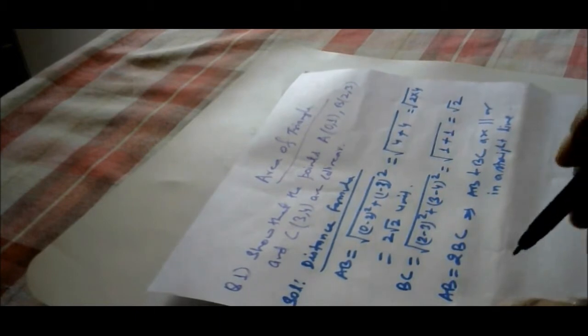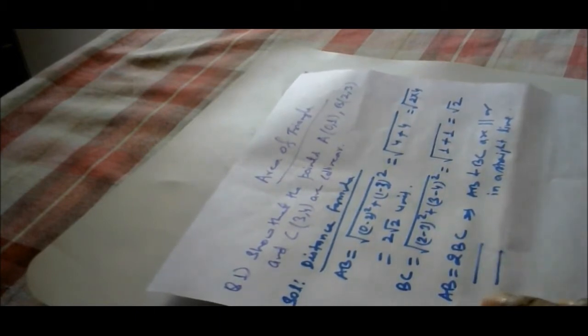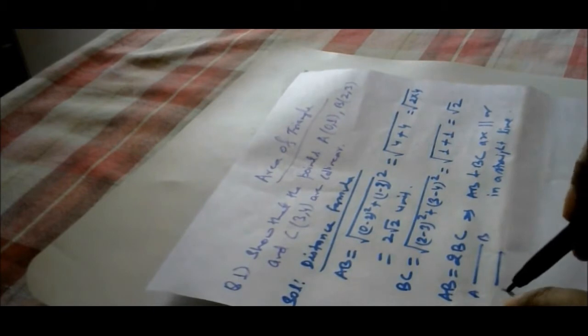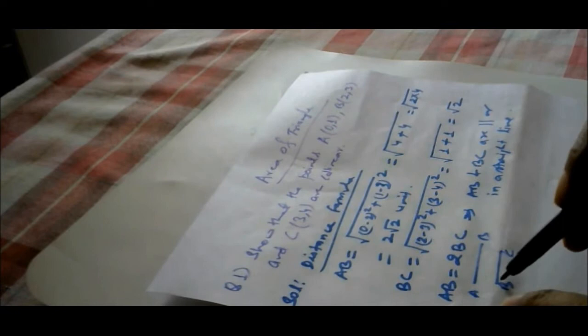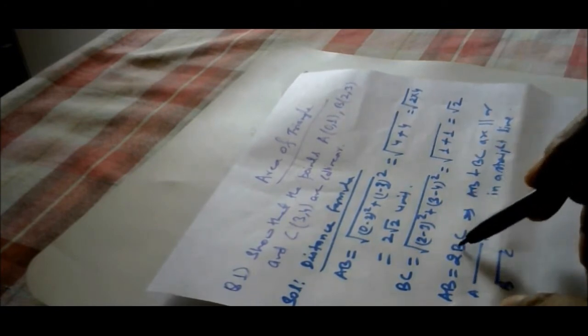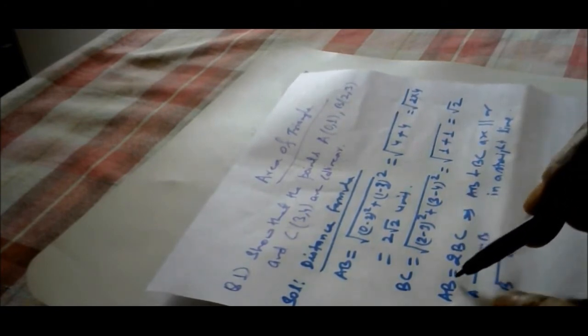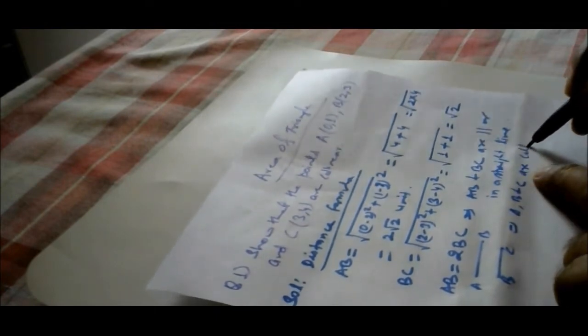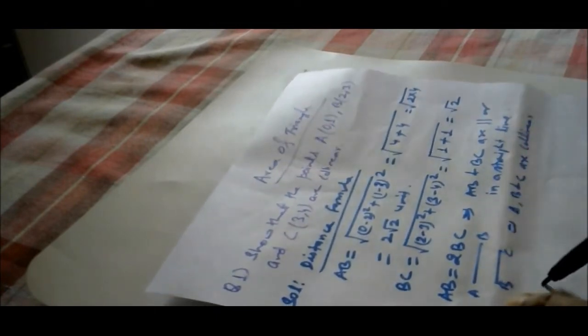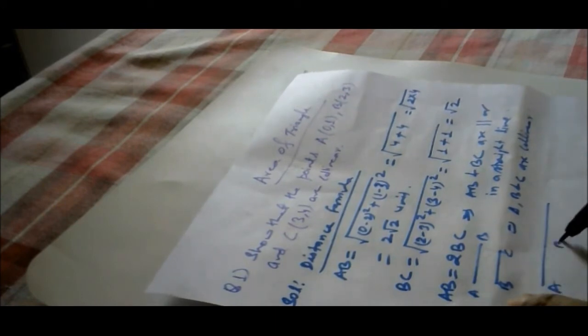In this case, as point B is common to both of them, and in parallel lines points will not be common, so there is no case that point B will come elsewhere. That's why A, B and C are collinear, lying in a straight line.